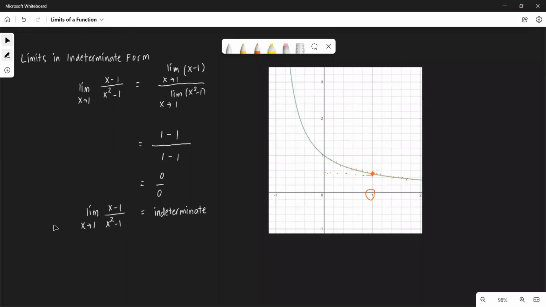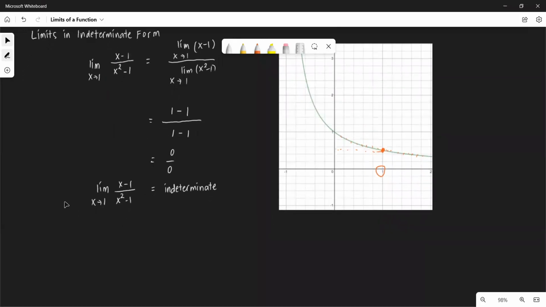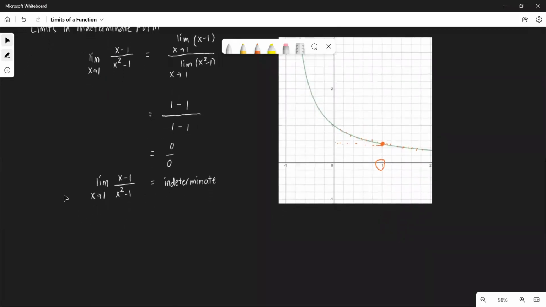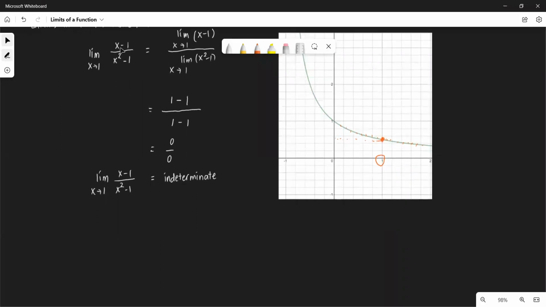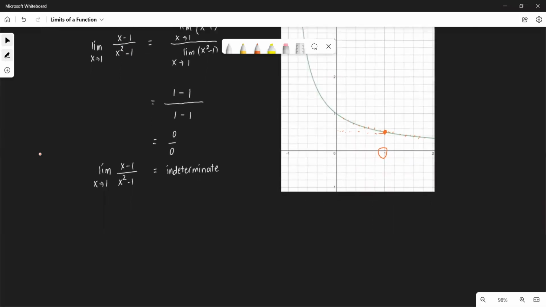From our algebra, we have x squared minus 1, which is a difference of two squares. We can factor it out. Recall the factoring of difference of two squares. So we have x plus 1 and x minus 1 as the factors of x squared minus 1.